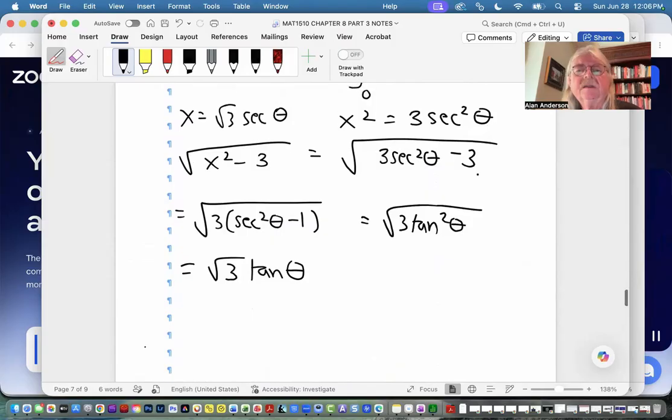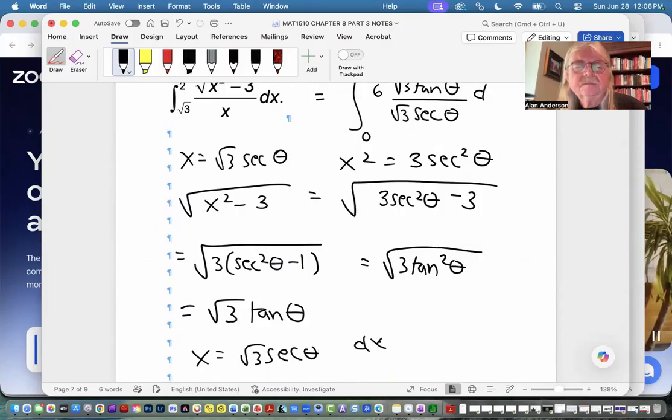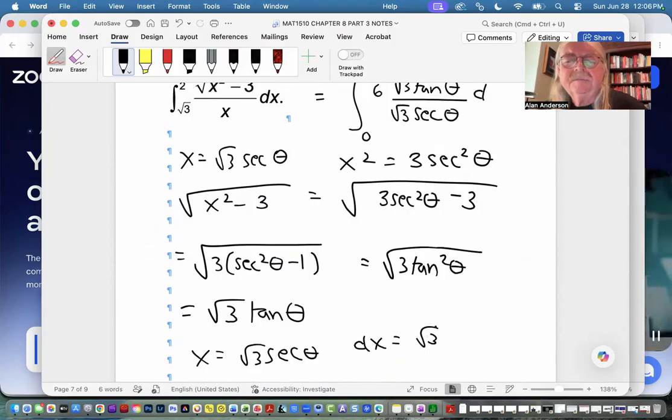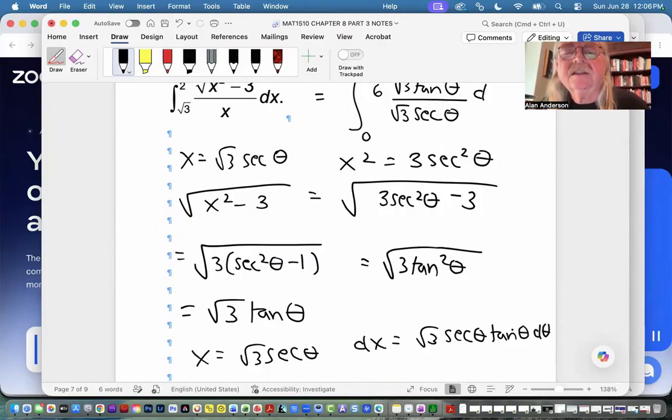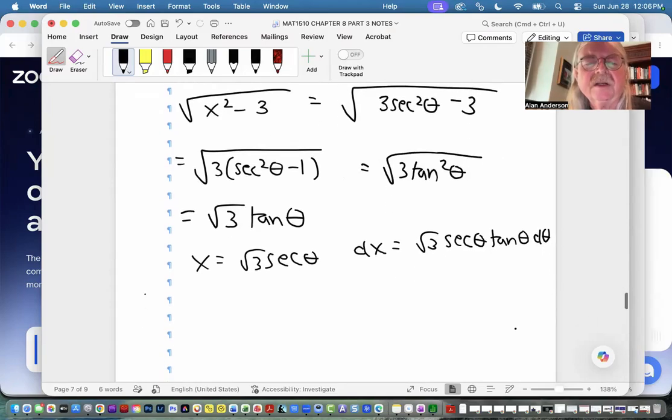If x equals radical 3 secant theta, so remember from the derivatives, the derivative of the secant of x is the secant times the tangent of x. Okay, let's quickly remind ourselves.